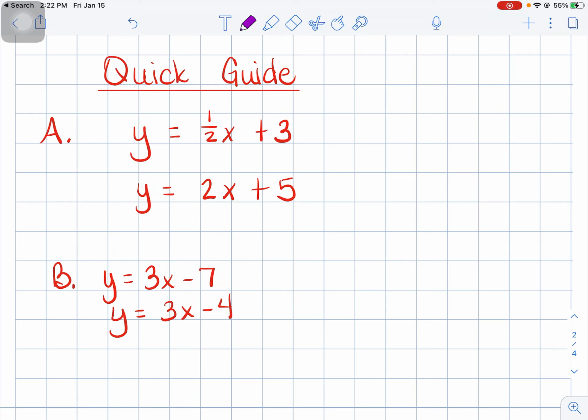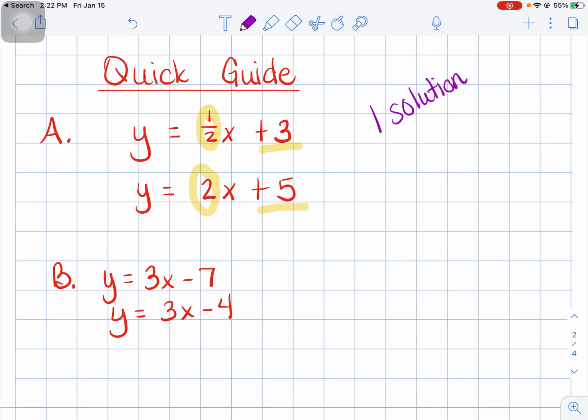So let's look at this first one. We have y equals a half x plus 3 and y equals 2x plus 5. So what you're going to look at is the slopes. So I'm going to highlight those. So we have a slope here of a half and a slope here of 2. If they have different slopes and also different y-intercepts, we're going to know that this is a one solution. This is going to have a solution somewhere.